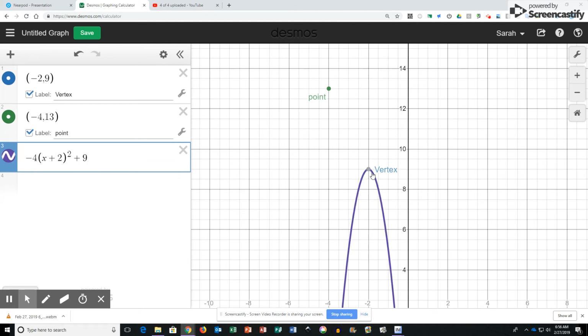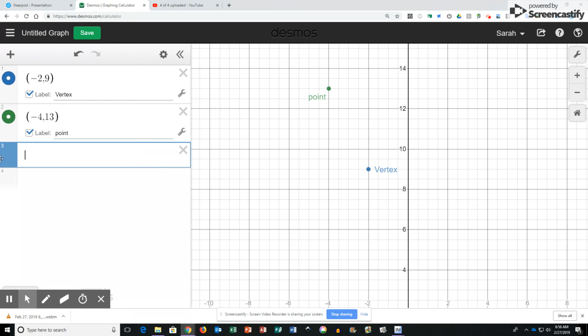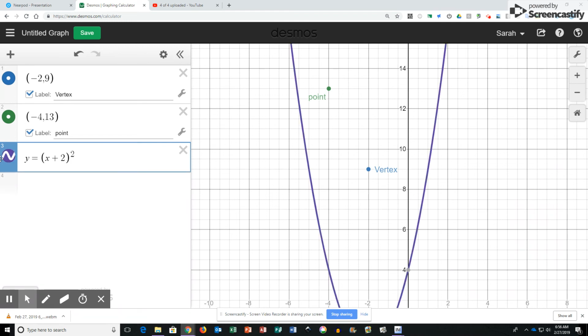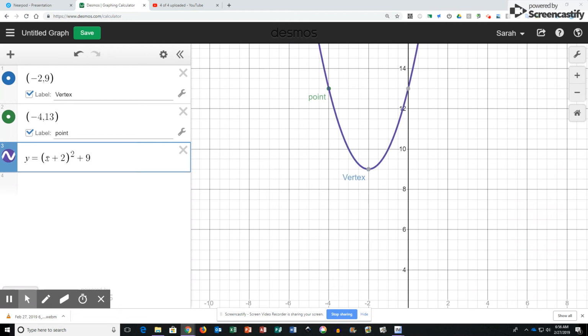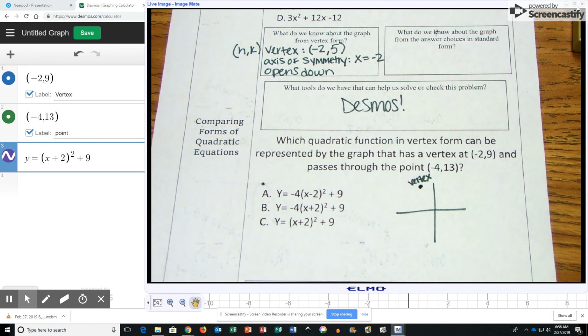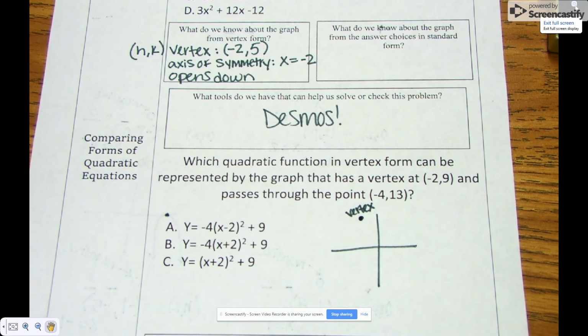All right, that one touches my vertex, but it doesn't touch my point up here. So I'm guessing it's probably the last one, but let's check it just to be sure. y equals (x plus 2) squared plus 9. Okay, that goes through my vertex as well as my point. So that makes my answer here C.